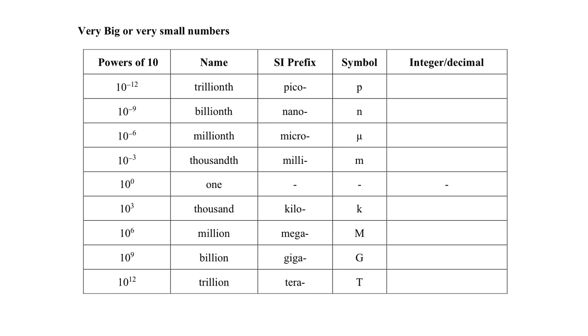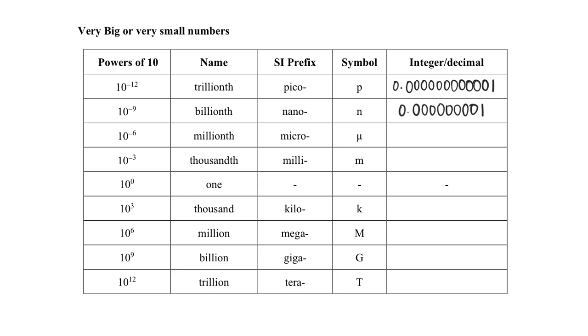The moment you see a pico, you know this represents 10 to the power of negative 12, and the decimal would then be 0. Here we'll have 11 zeros, then 1. So for nano, then you will know 0.000000001.